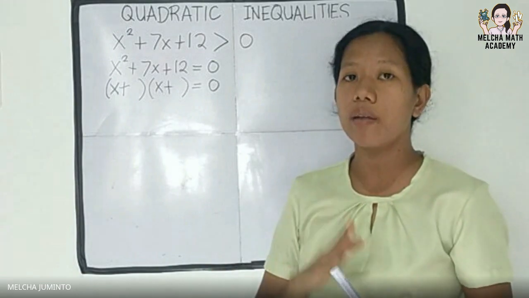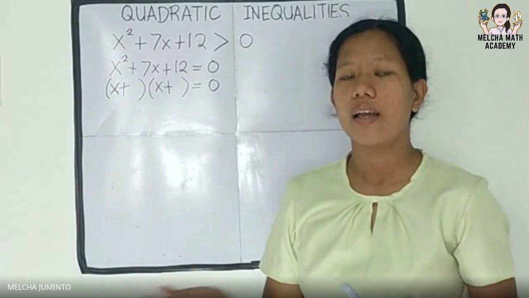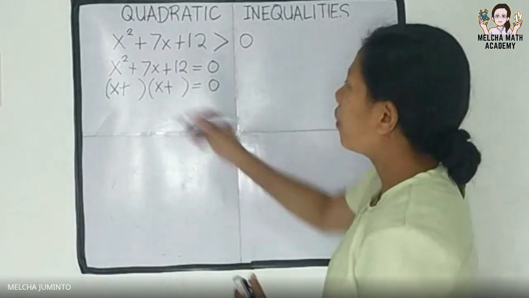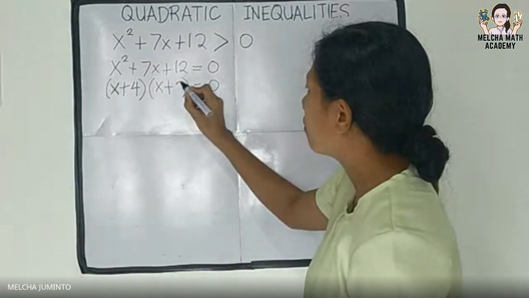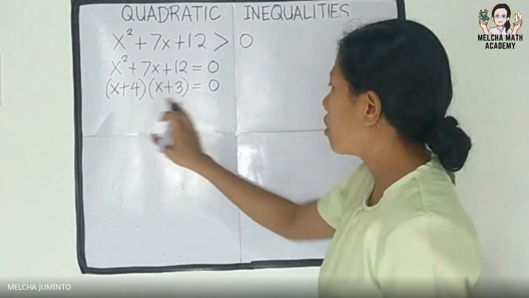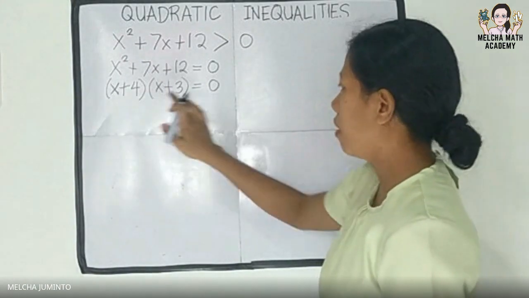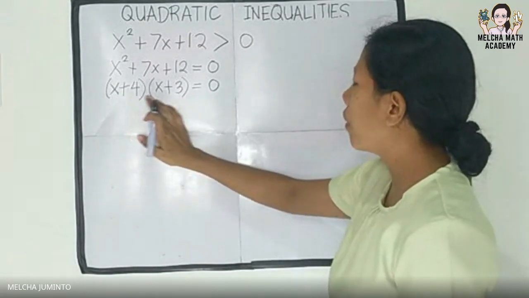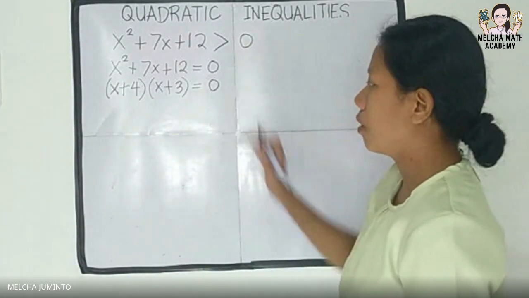If you try 1 plus 12 is 13, and then 2 plus 6 is 8. Okay? Therefore, we write here 4 and 3. You can interchange the two. You can write here 3 and here 4. It doesn't matter. Okay, so we have x plus 4 times x plus 3 is equal to 0.